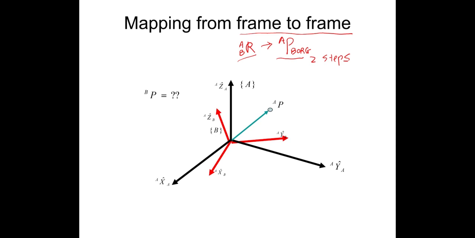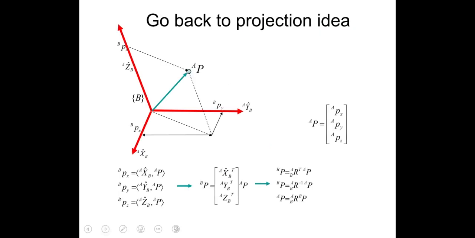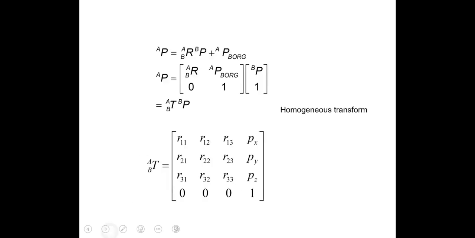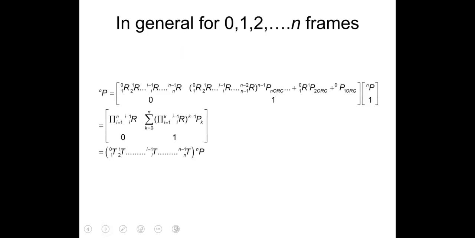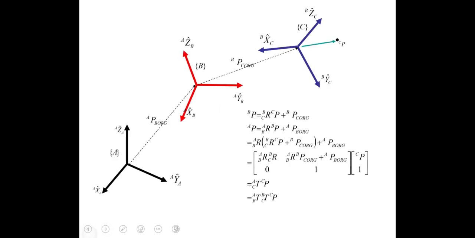Let me quickly go over what we're going to learn in the following 3 weeks. We're going to talk about projection, which is rotation plus position. Finally, we want to use a uniform transformation matrix to represent both rotation and position. That is called homogeneous transformation, this T right here.